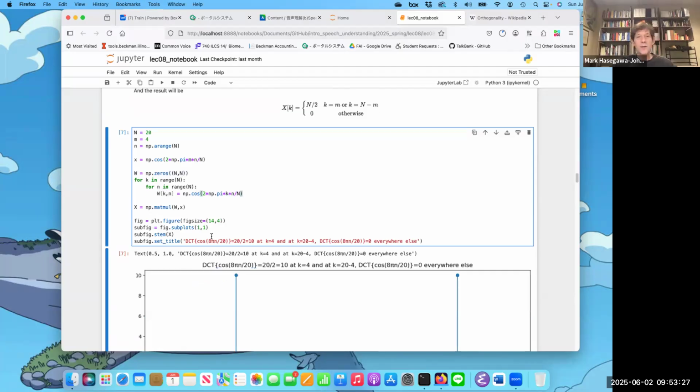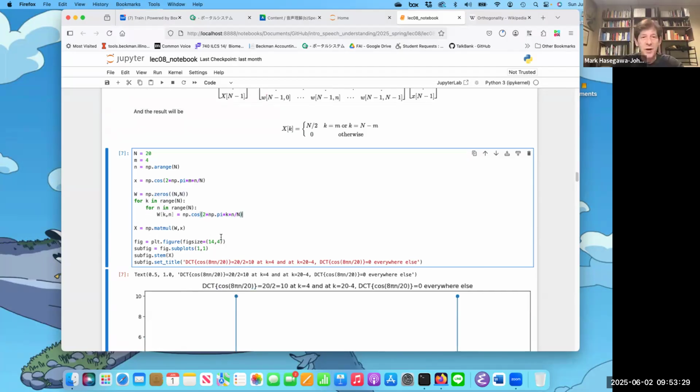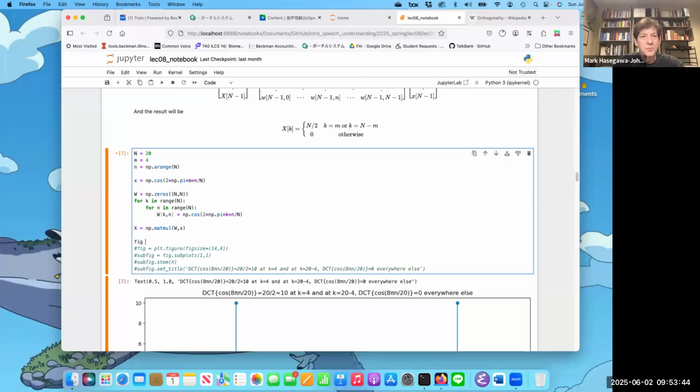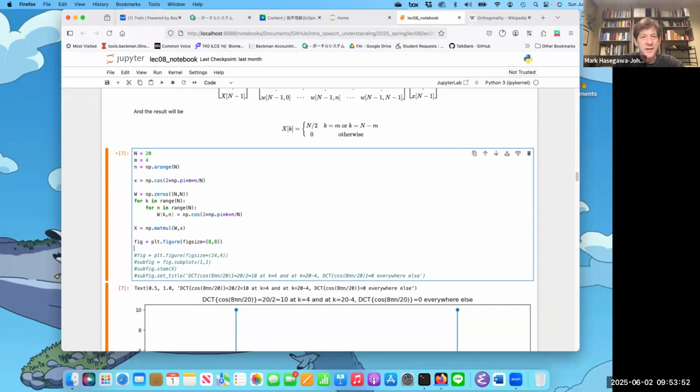And wow, before I plot all of that, let me instead plot just what those frequencies are. Let's say figure is equal to plot figure, fig size, let's make it 8 by 8. And let's create subfigs.